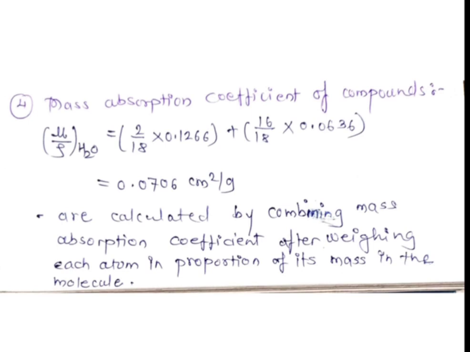After that, we have to do the last calculation, the mass absorption coefficient of the compound. So we have the water molecule, and we want to calculate the mass absorption coefficient of the water. The equation is mu by rho for the water, equal to 2 by 18 into 0.1266 plus 16 by 18 into 0.0636.